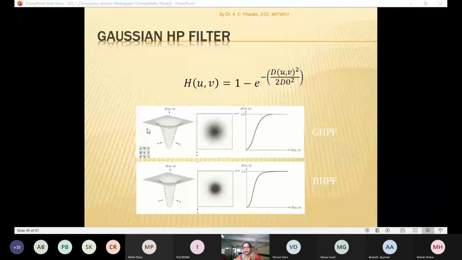Now if we represent the same shape as an image, for this entire region we will observe the maximum intensity value. So here we are observing white, and as we move towards the center the brightness slowly decreases, and corresponding to this negative peak we get the darkest shade, that is black.